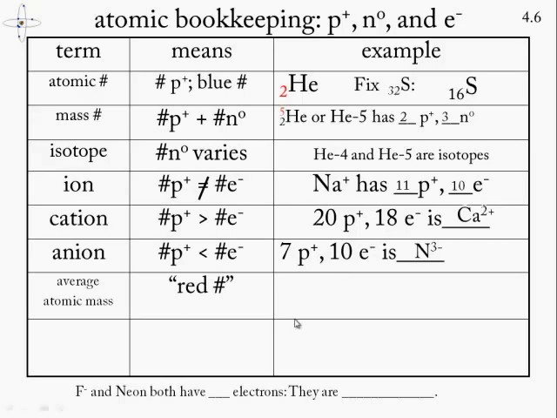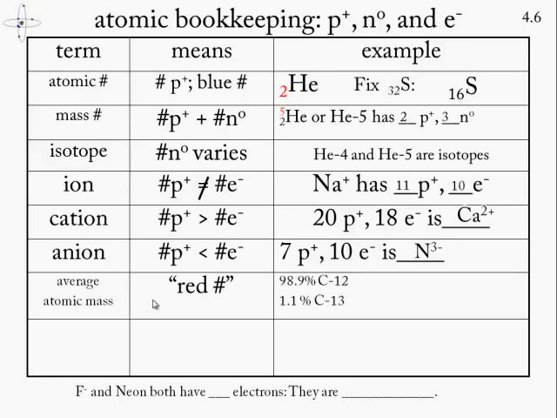The average atomic mass, also known in our class as the red number, since that's what it shows up as on the periodic table, is that number under an element with all the decimal places. This is necessary due to the fact that you have isotopic mixtures for every element. So the mass has to be an average of those different isotopes. Fortunately, they're fixed.